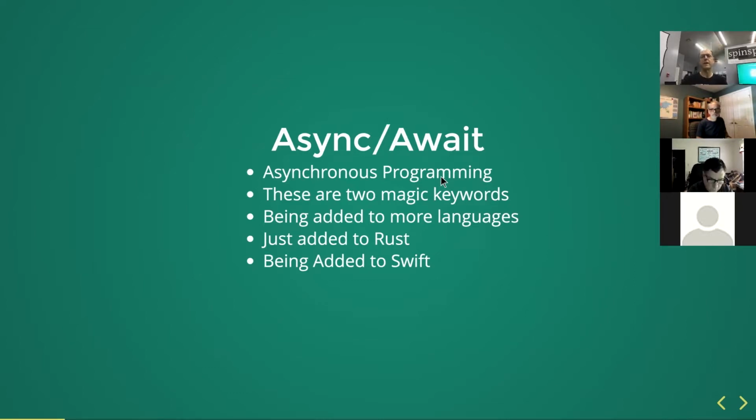I personally think this is being added to a lot of different programming languages, and it's just going to continue to be added into more of them. On top of that, I think these types of concurrency features are going to be added into the languages themselves. One of the big changes that happened recently to the Swift programming language was that there was a concurrency library you could use for multi-threaded programming, but it wasn't built into the language.